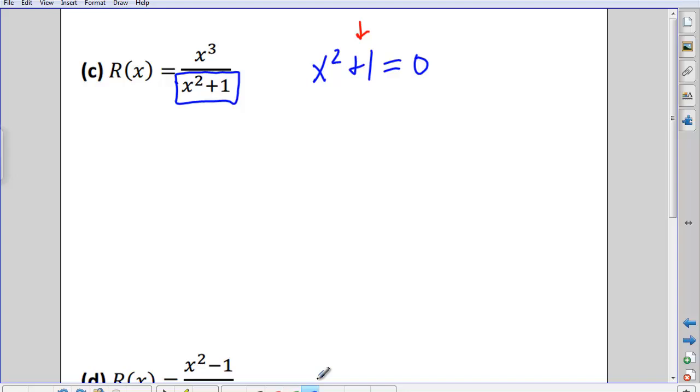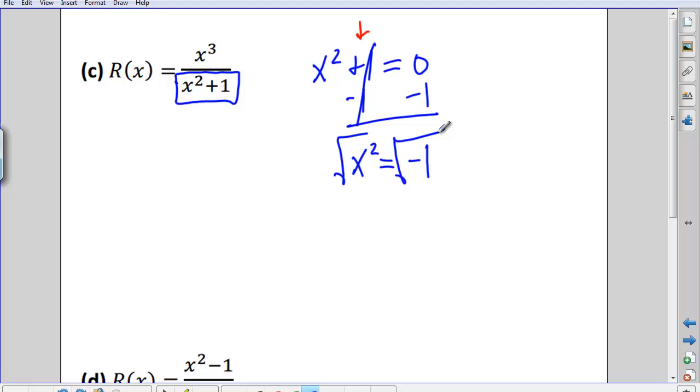Another method we have of solving an equation where we just have the single squared term is to isolate that squared term. And then if we take a square root on both sides, what we end up with there is no real solution when we do a square root of a negative.